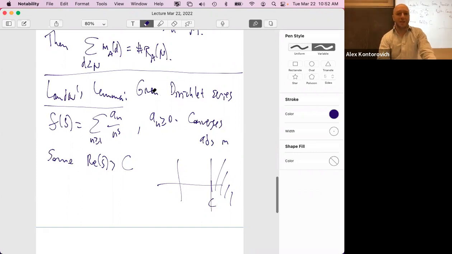Okay, so we're given a Dirichlet series. The coefficients are non-negative and it converges somewhere.